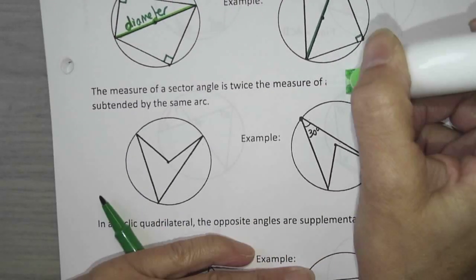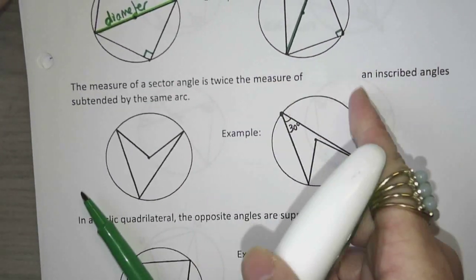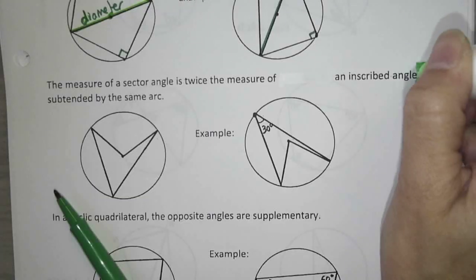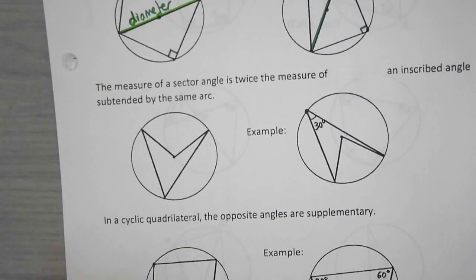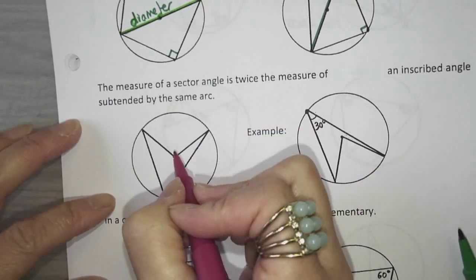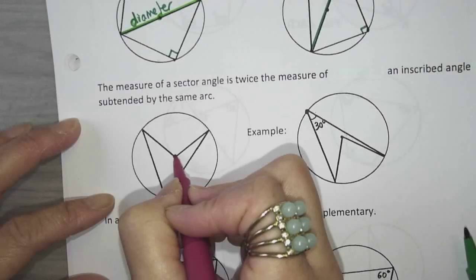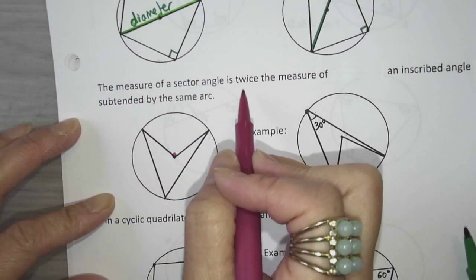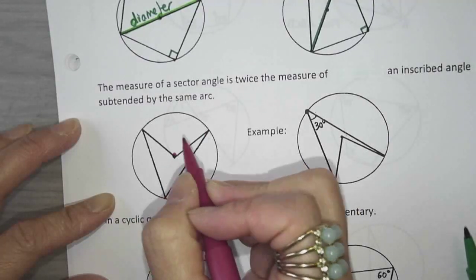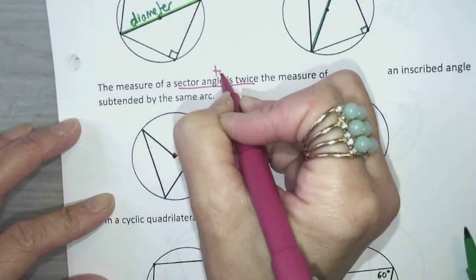That's my fault. It's twice the measure of an inscribed angle subtended by the same arc. So what that means is that the measure of a sector angle is twice the measure of an inscribed angle subtended by the same arc. So it should be the sector angle. Sector means it goes to the center.